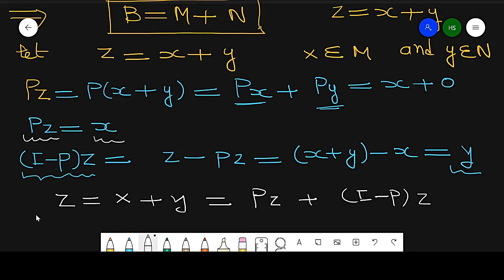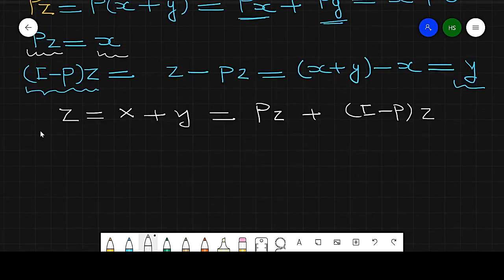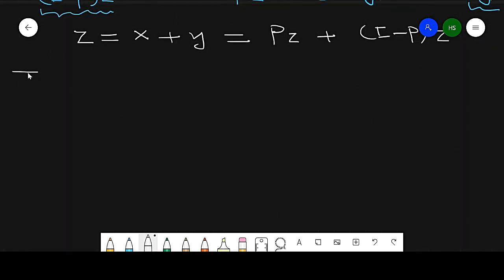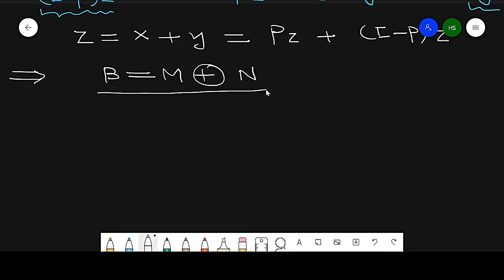If this expression is unique, then B can be written as the direct sum of M and N, because its expression is unique.